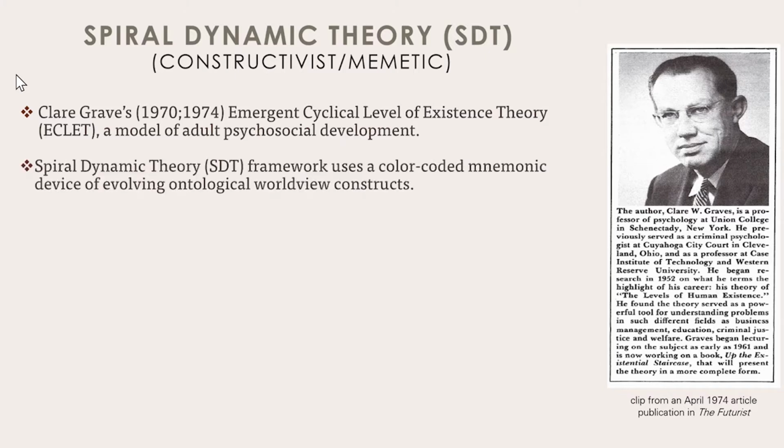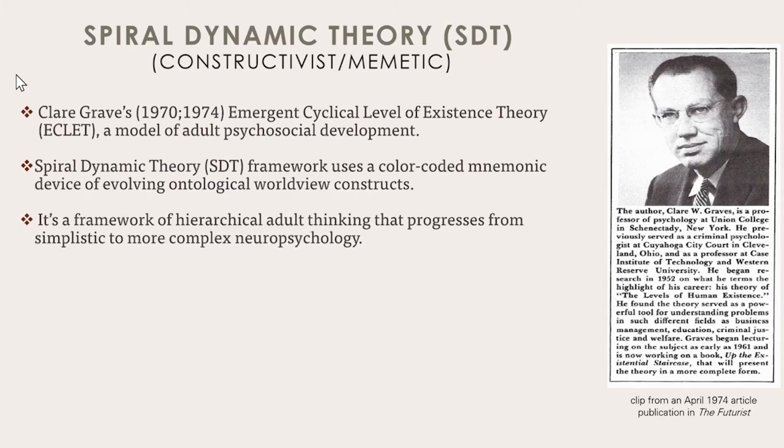The spiral dynamic theory framework uses a color-coded mnemonic device of evolving ontological worldview constructs. It's a framework of hierarchical adult thinking that progresses from very simplistic to more complex neuropsychology and problem-solving capacity.